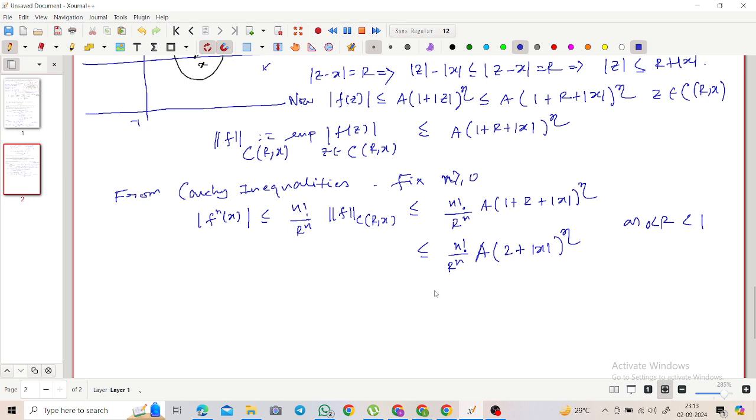Now this is less than n factorial by r to the power n times 2 plus this. No problem with this inequality, because mod x is of course less than twice mod x, na? Take the 2 common.